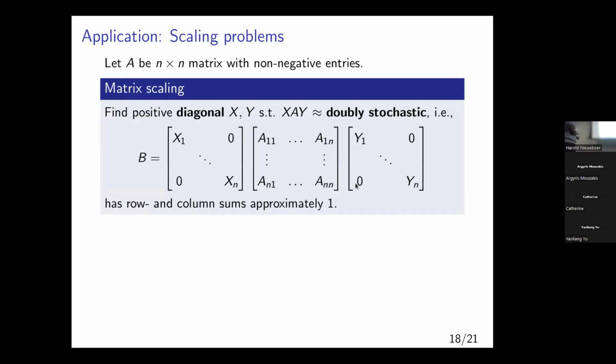I give you an n by n matrix A with non-negative entries, and I want you to rescale the rows and the columns of this matrix with positive numbers such that the new matrix B has row and column sums approximately 1. So it's almost doubly stochastic. Ideally you would like it to be exactly doubly stochastic, but this is not always possible, so approximately is good enough.